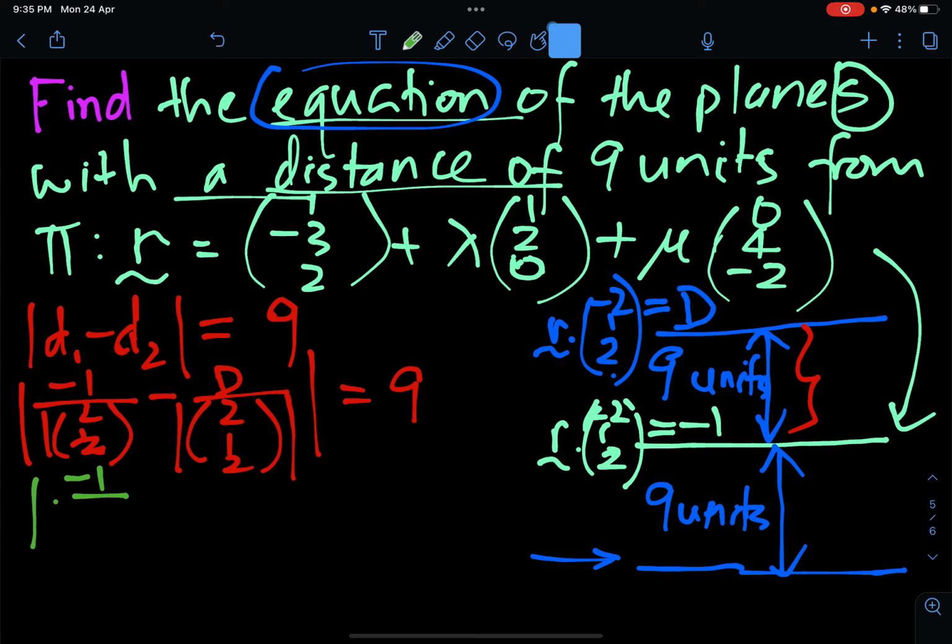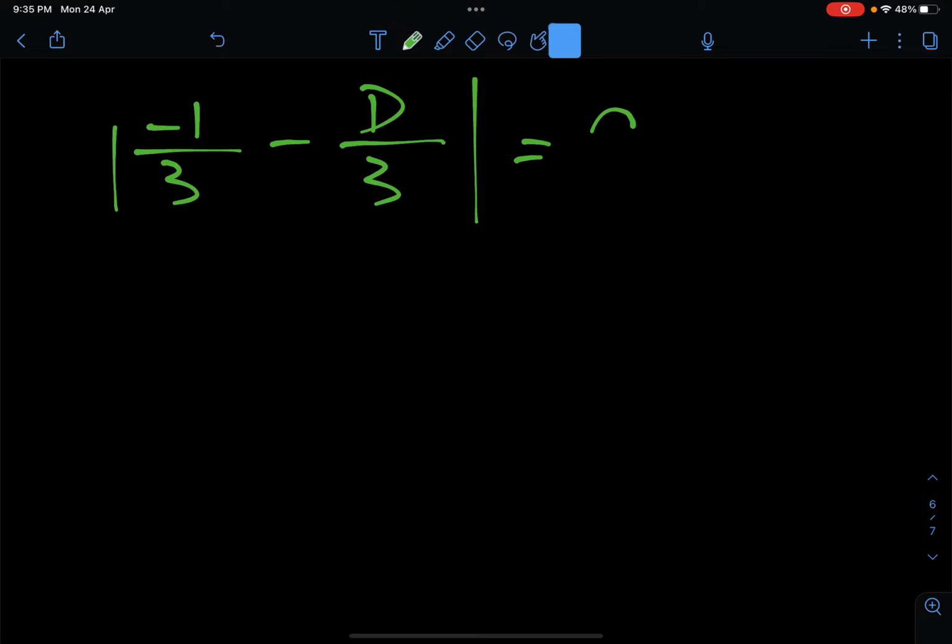Minus 1 over 3, minus D over 3 is equal to 9.